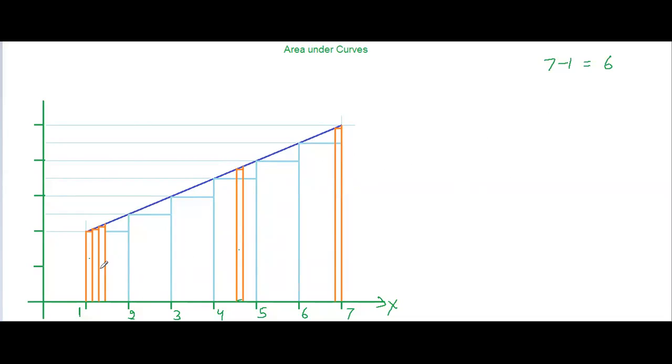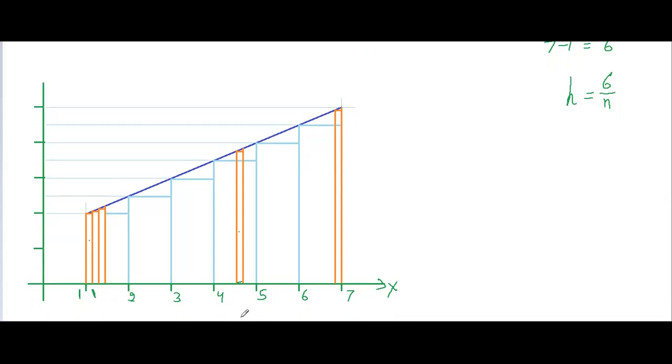So we have divided this length, which is 6, into n equal parts, and each equal part we have called h. So the number 1, after this is the length h. So this number is 1 plus h.